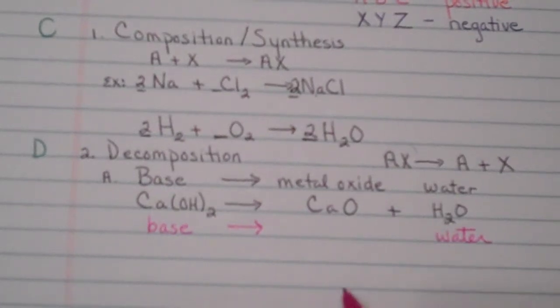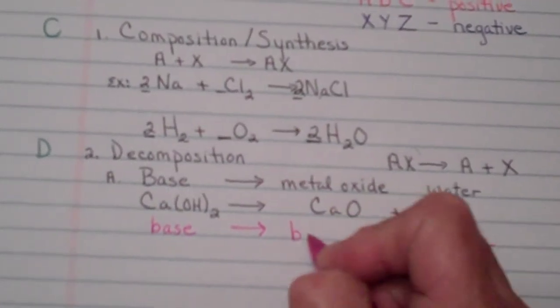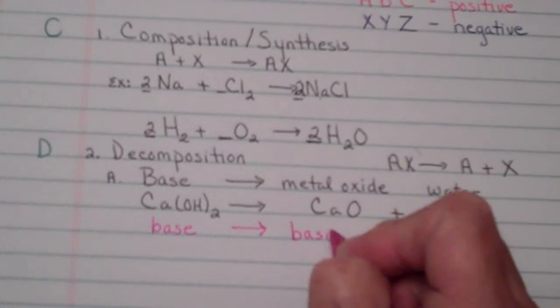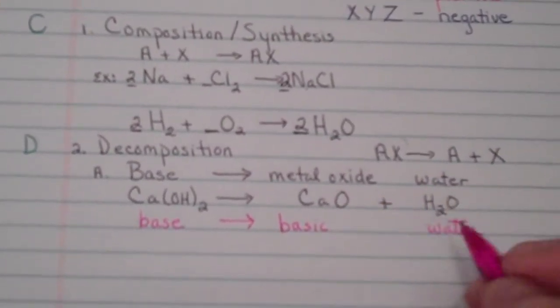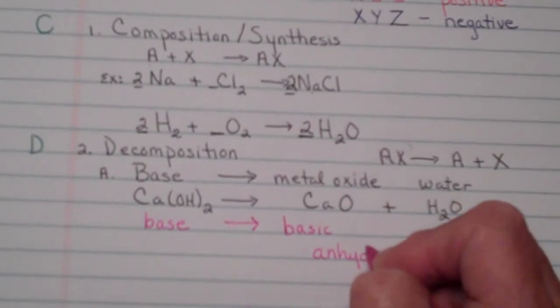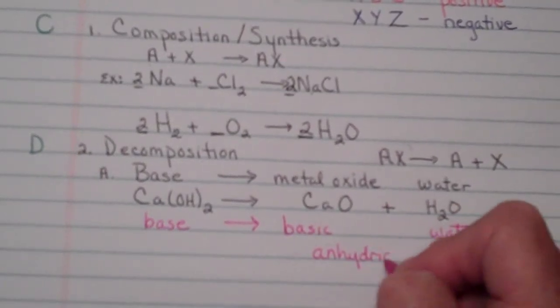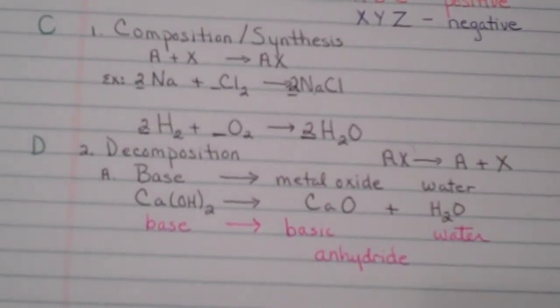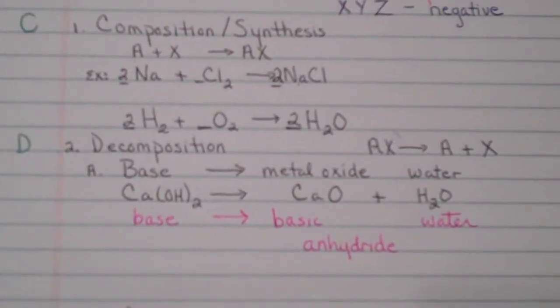And there's a term for that. It is called a basic anhydride. You know, when you're thirsty, you're dehydrated. And when you drink a lot of water, you hydrate well. And so anhydride, or anhydrous, means without water.